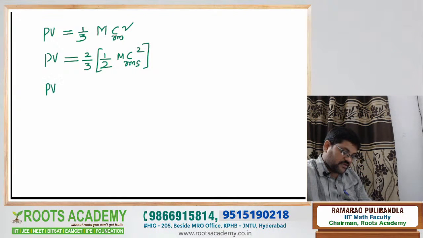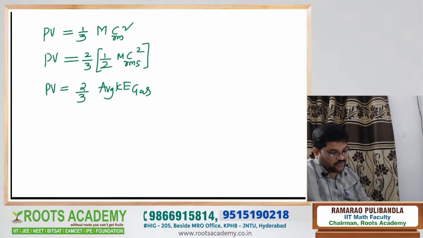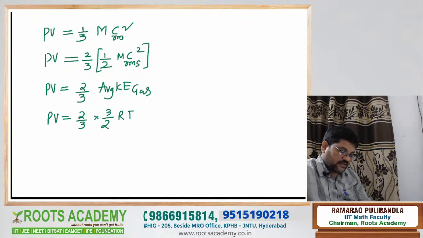Now PV is equal to 2 by 3 of the average kinetic energy of the gas. You are very well aware that average kinetic energy is 3 by 2 RT, so PV is equal to 2/3 into 3 by 2 RT, which cancels. What is Charles' law?